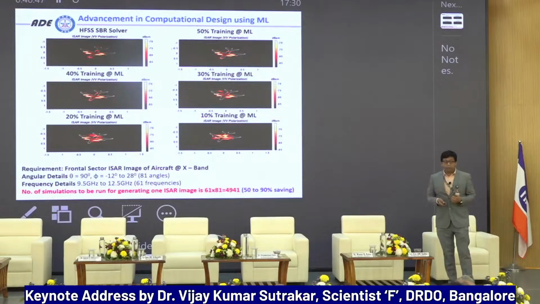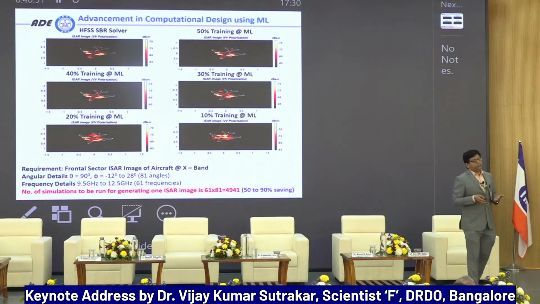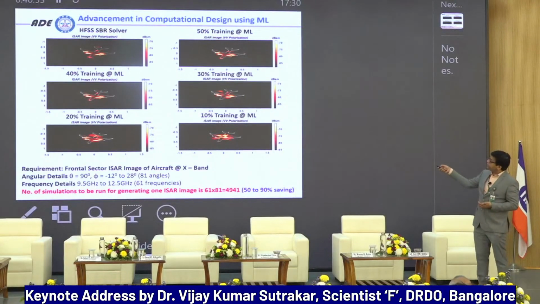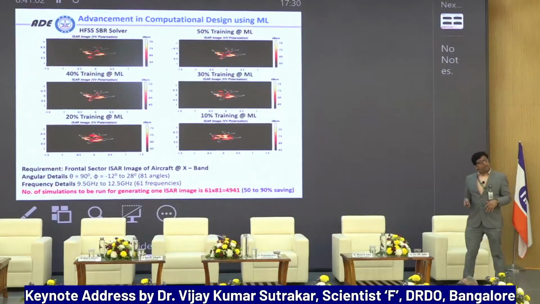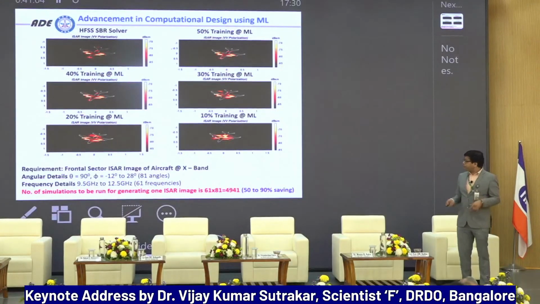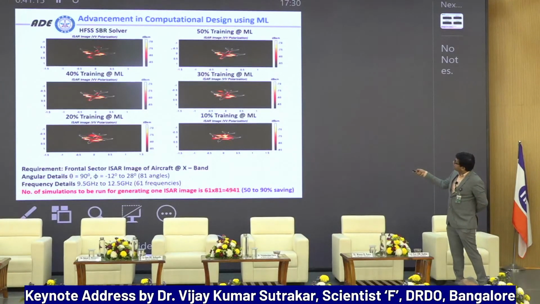Now, computational electromagnetics using machine learning. Conventionally, if I have to generate one kind of SAR image of this aircraft at one look angle, we normally run around 5,000 cases. But now with AI/ML we can reduce this by roughly 50 to 90%. If I train with 20% of the data, 30% as we have shown, in the initial design activities I can predict that this is a 4-engine aircraft.